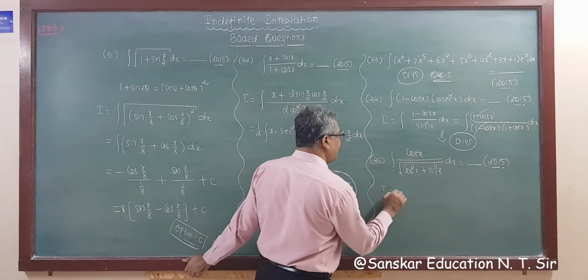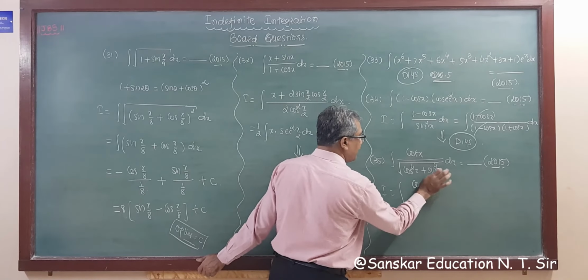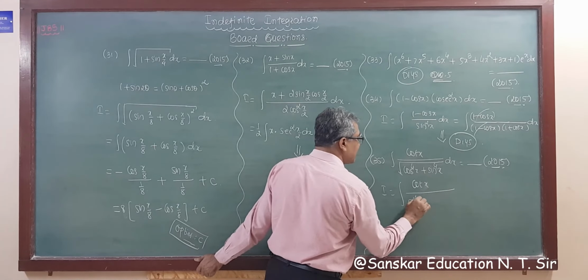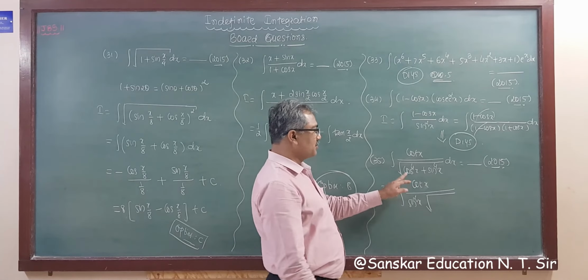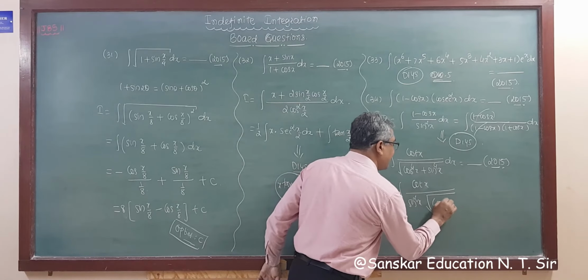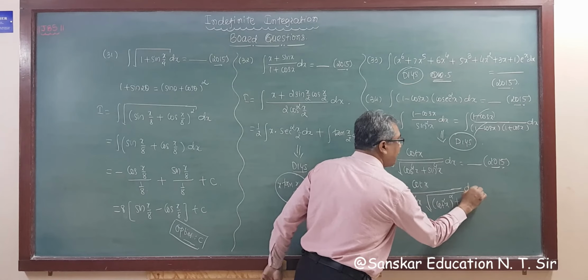So this is the integration of cot x upon, if we take common, then sin square x is common because of the square root, right? So cos upon sin is cot, so this is (cot square x whole square plus 1) and dx.